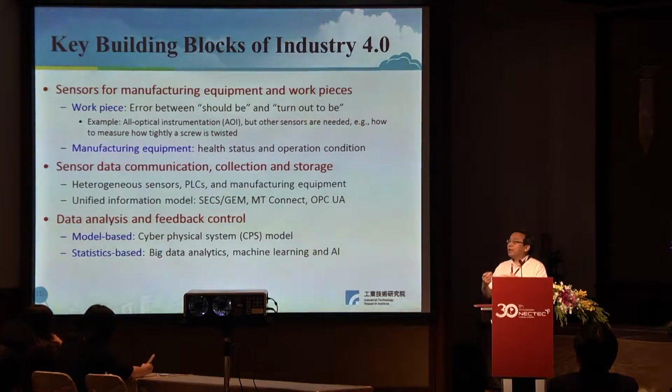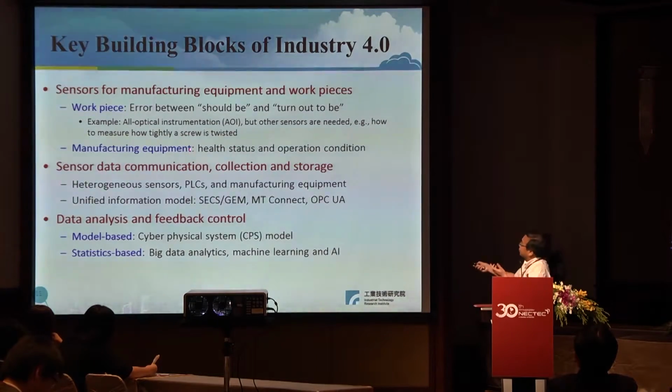Is it doing what it is supposed to do? Dr. Tzi-Cker Chiueh just mentioned using simulation in your manufacturing process. So we already know ideally this manufacturing equipment should behave like this, but in practice they don't. And the difference is what we are measuring. So we want to know whether they are working as well as they should.